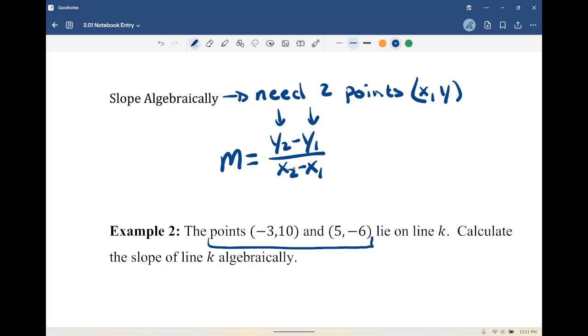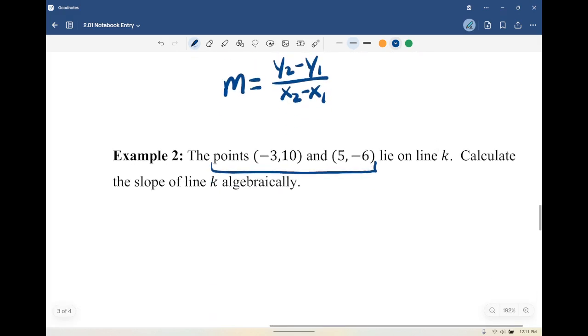When we see examples like this, the first thing I need to see on papers is annotations. I know that this is x1, this is y1, this is x2, and that's y2. That is always going to be the first thing I want to come around and see on papers. Because then it's actually just a substitution game. If I know what each of these values are, I can just substitute them directly into the fraction that we wrote.